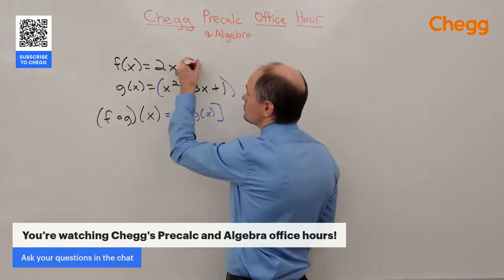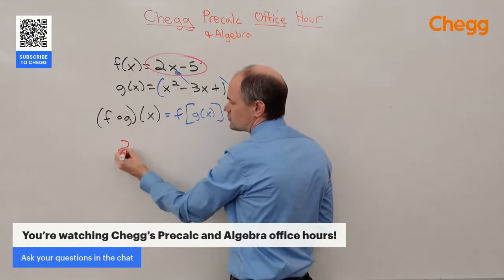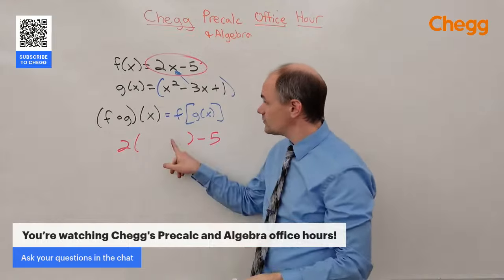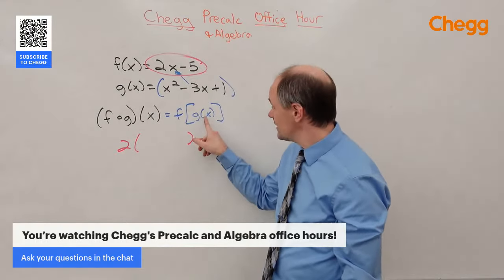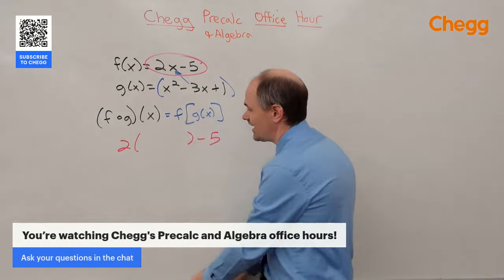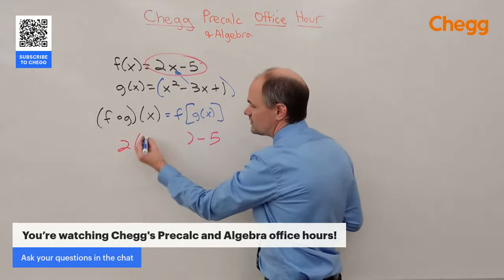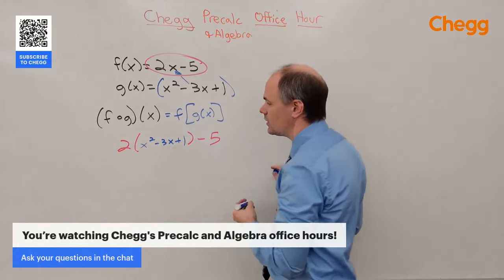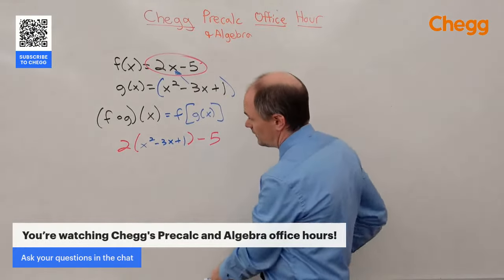The f of x function here is 2x minus 5. But what's going inside the x is that g of x, that inside function. So this whole thing, the x squared minus 3x plus 1, goes into the function.